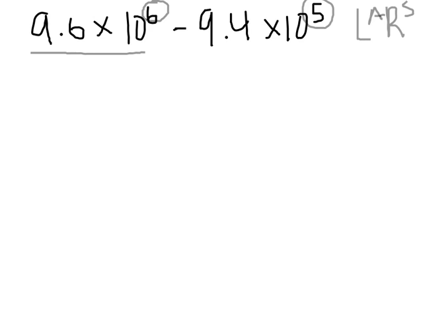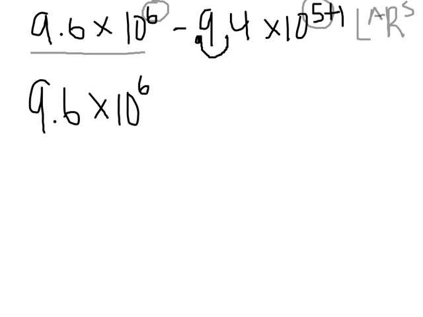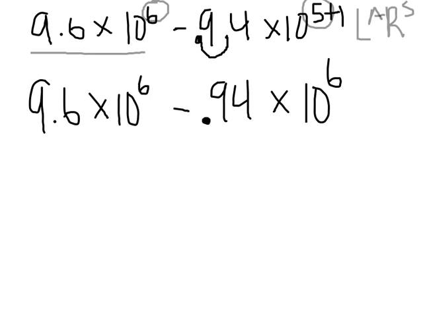So what I'm going to do is move my decimal one spot to the left and drop it off, and then I can add 1 to my exponent. So now this becomes 9.6 times 10 to the sixth minus 0.94 times 10 to the sixth. And now all I have to do is go ahead and subtract my coefficients normally.